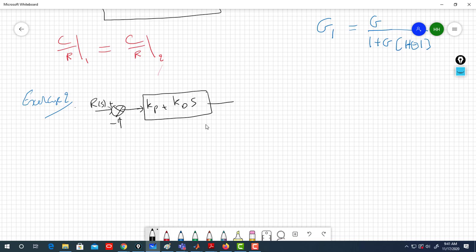Assuming my system is a moment of inertia of a rotating shaft, J is the moment of inertia of a rotating mechanical system.